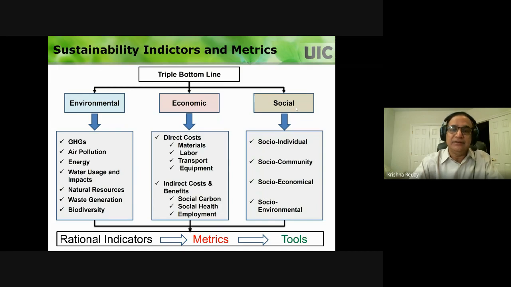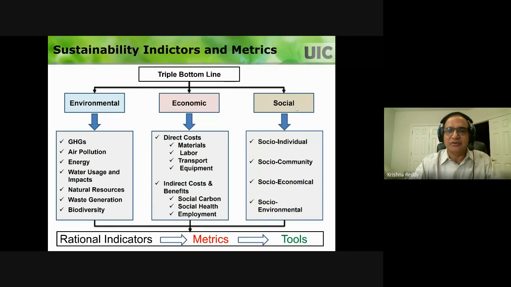And you know that's not easy. For the environmental aspects, for example, greenhouse gases, we can quantify it, but when we have to deal with how a person is going to be affected by the project, how the community is going to be affected by the project, we don't learn that in any of our courses. So that becomes a very challenging part, but that is an important component.